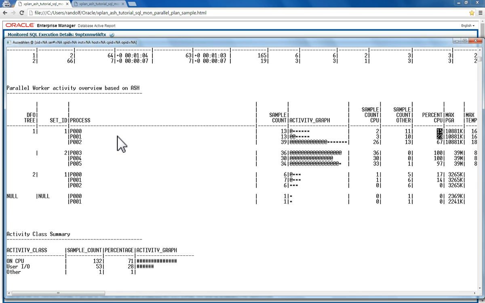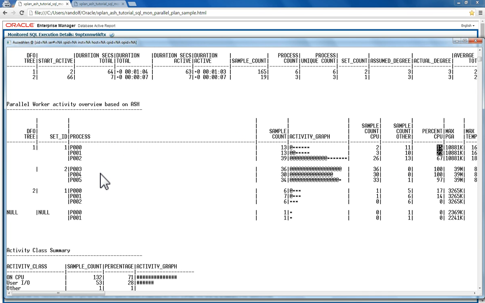One important point that I should mention is that, as I've just explained, Explain-Ash requires the execution plan in order to derive this DFO tree information, and since this section is supposed to be grouped and organized by this DFO tree and set information, the execution plan is crucial in order to come up with this organization of the section.